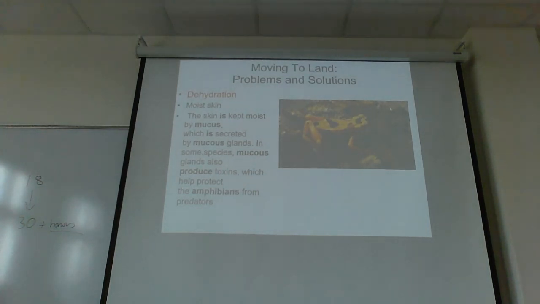All right, some of them produce toxins. When you see in nature a yellow and black pattern, it's always the same message: stay away from me. Wasps can sting you, right? Who is also yellow and black?